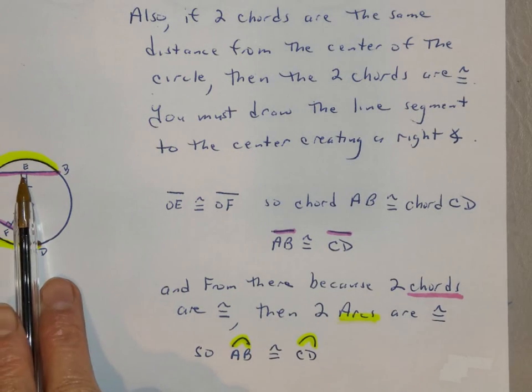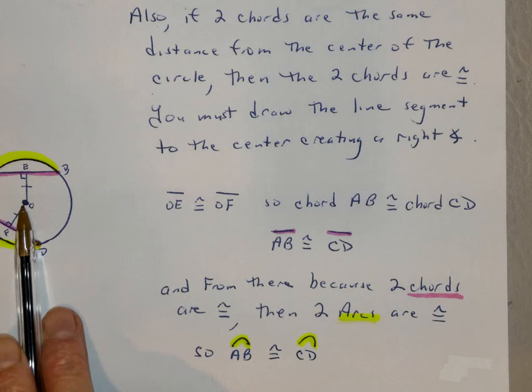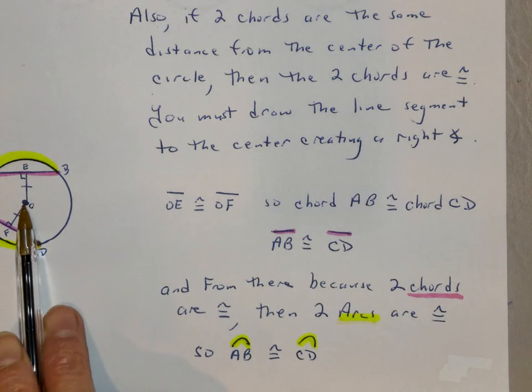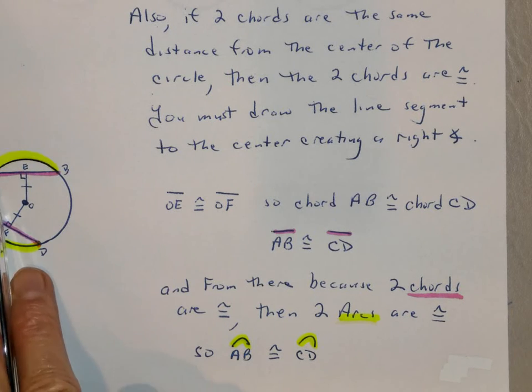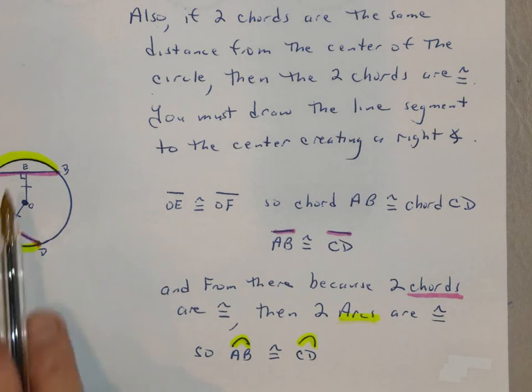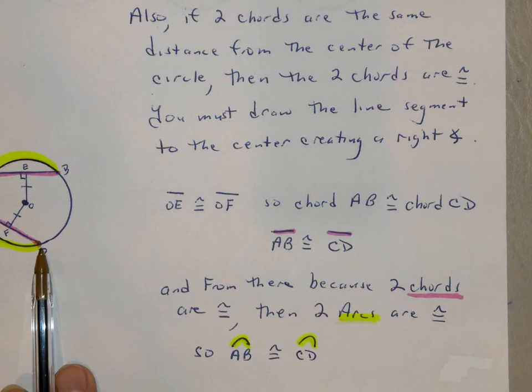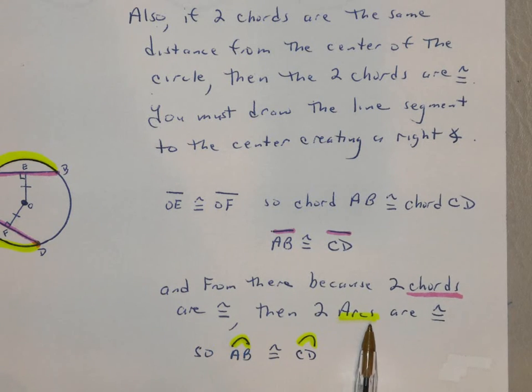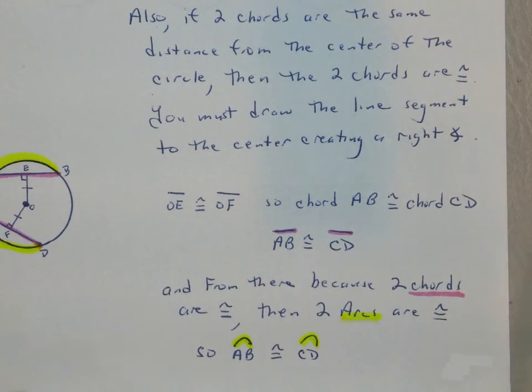So you have a right angle. This segment is congruent to that segment because they're both coming from the center. Here is your chord, here is another chord, and therefore those two arcs are congruent as well. So because the two chords are congruent, the two arcs are congruent, and so arc AB is congruent to arc CD as well. All right, very good.